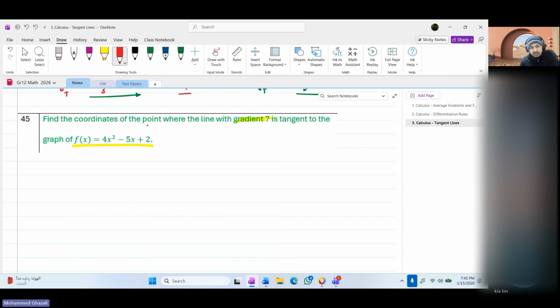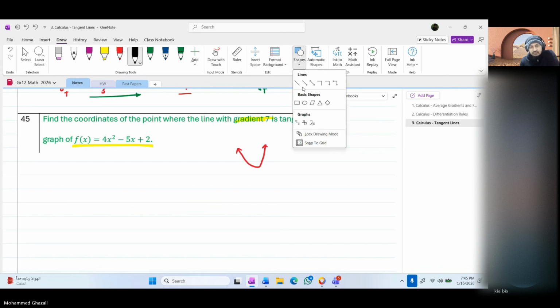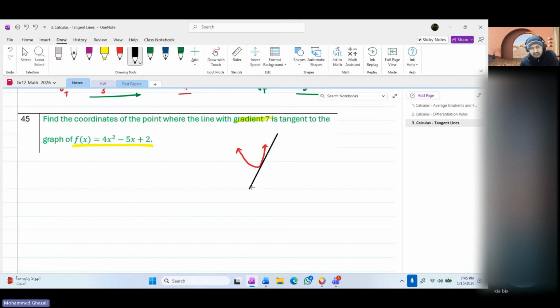The point that we are looking for is, remember, this is a quadratic function, right? And we know gradient 7 has to be upward sloping on this side. Gradient 7 is a very steep gradient, so it's somewhere around here. There are two ways to solve it, so let's set up both equations first.